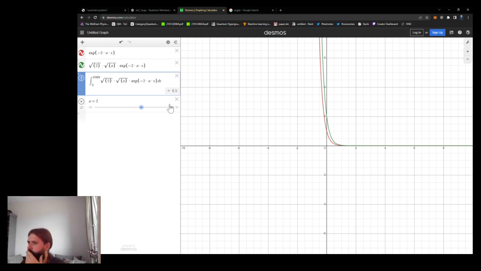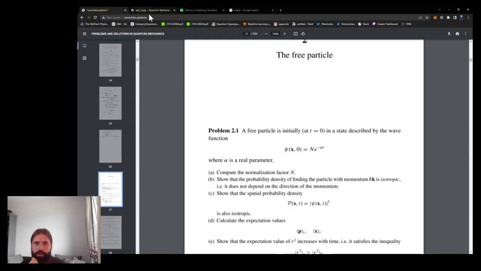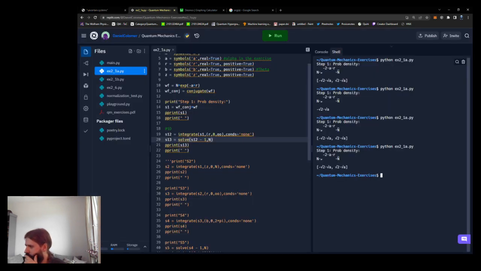I'm not quite getting it. So I'm solving for S1 integrated over r from 0 to infinity, and then solving for 1, and then printing S13.